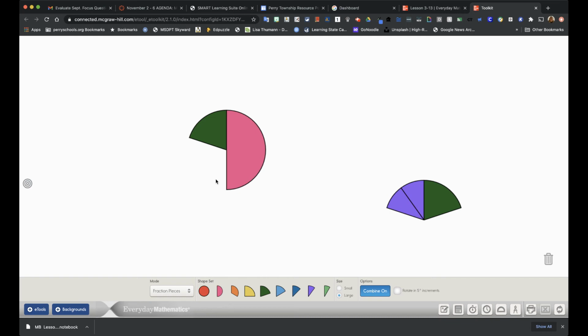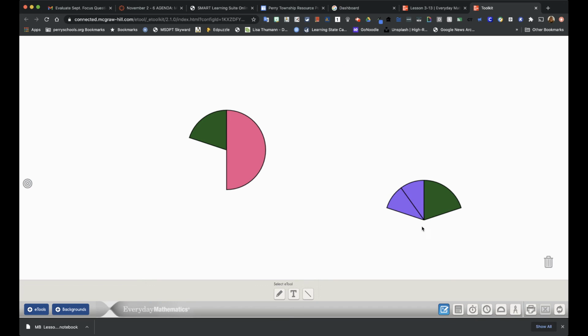And then I could think, okay, how many dark purple would represent a half. So what I'm going to see here is 2/10 is going to equal 1/5.